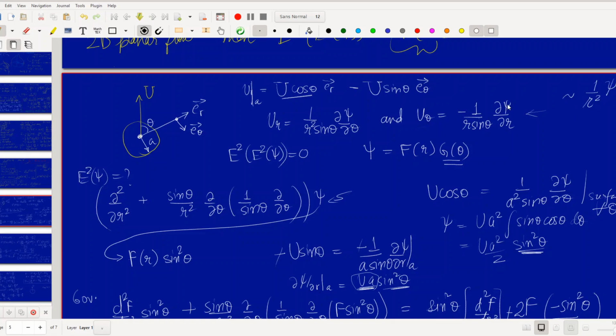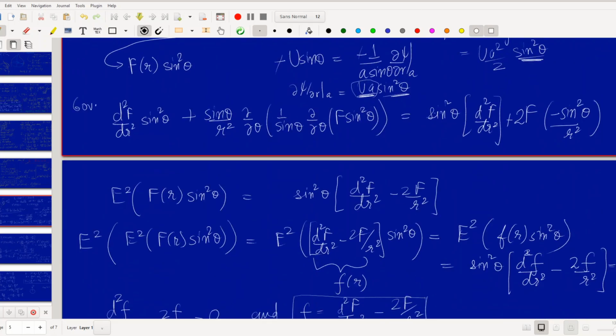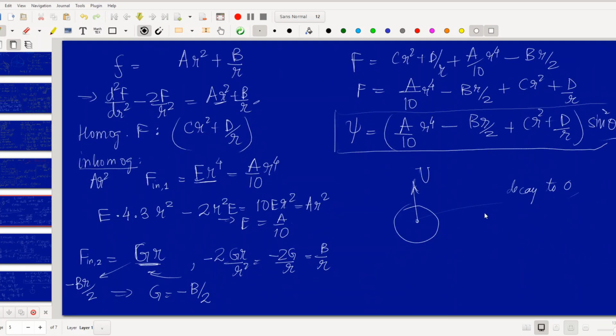So as r tends to infinity, psi by r square must be bounded, must go to 0.